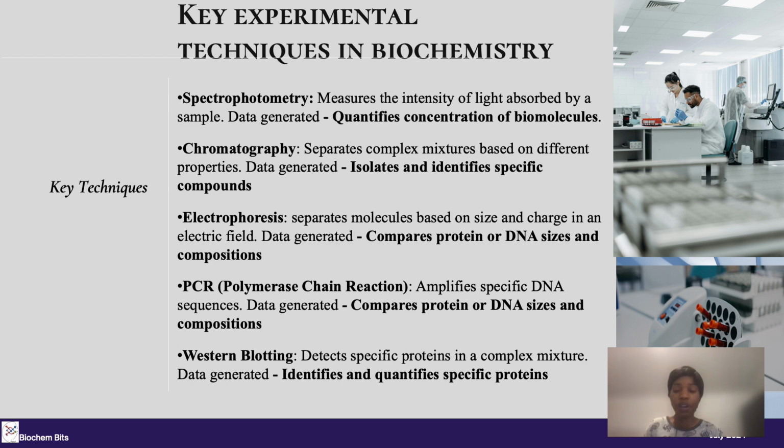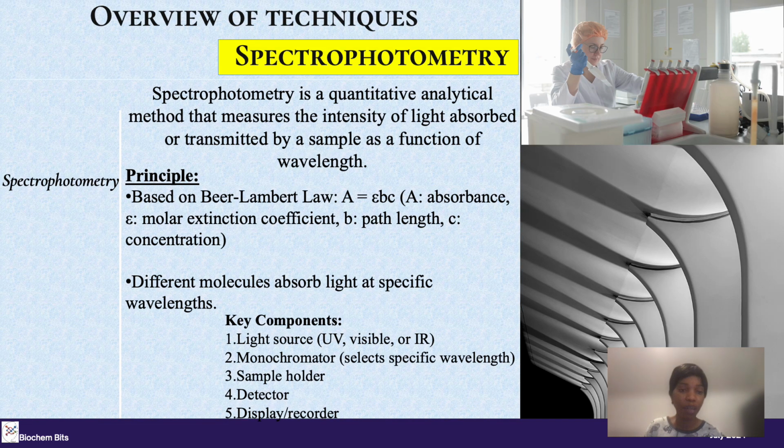Now, I'll start by focusing on spectrophotometry, which is a quantitative analytical method that measures the intensity of light that is absorbed by your absorbing species or transmitted by it, and this is a function of the wavelength at which the absorbing species is taking up light.